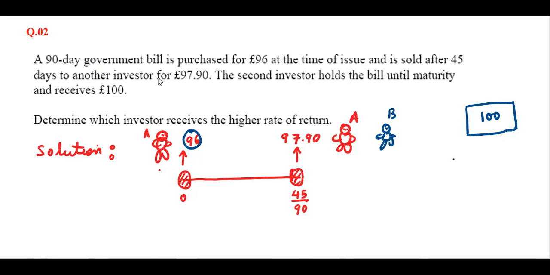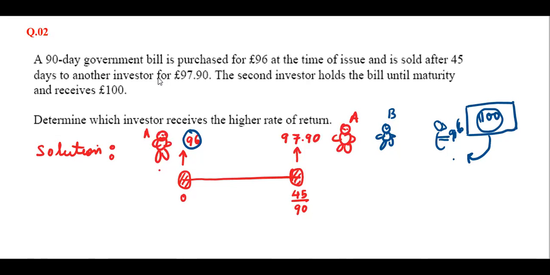So they discounted and you purchase it. You pay only 96 to purchase this bill, whose value is 100. This is the government bill. You purchase at 96, and after 1 year you will get the final amount 100.